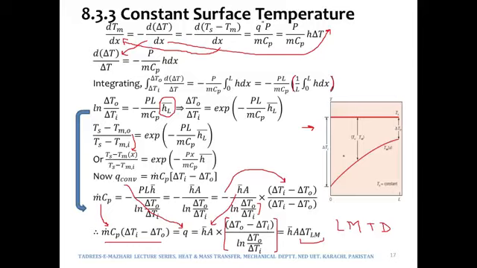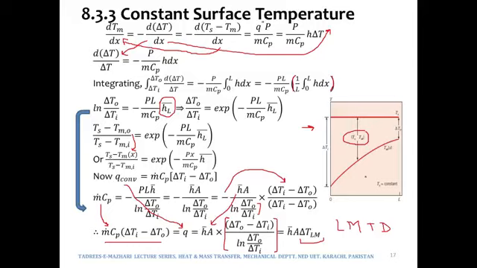rather, because the change in Ts and Tm is not constant. Remember, the change in Ts and Tm was constant in the constant heat flux case when the flow was fully developed. But over here it is not the case. Rather it is a large value at some point, and a small value at some other point.